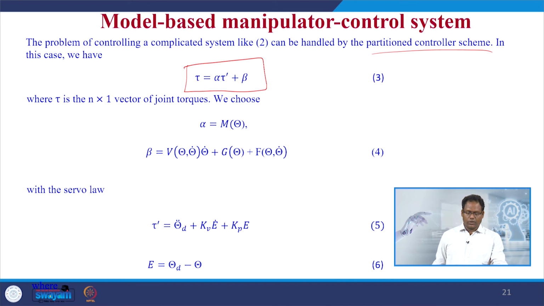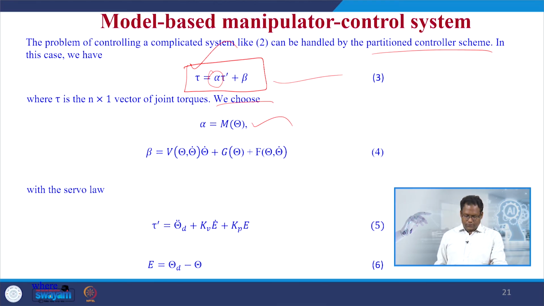Again, it is given by tau equal to alpha tau dash plus beta, where tau is the n cross 1 vector of joint torques, and we choose alpha being the mass matrix or the inertia matrix M of theta, and beta being the rest of the dynamic model, which is given by V of theta comma theta dot multiplied by theta dot plus G of theta plus F of theta comma theta dot.